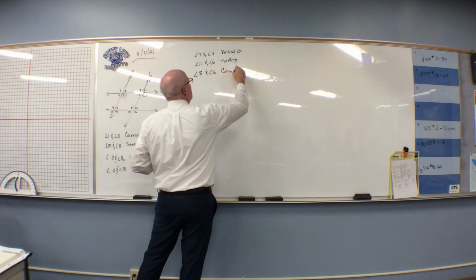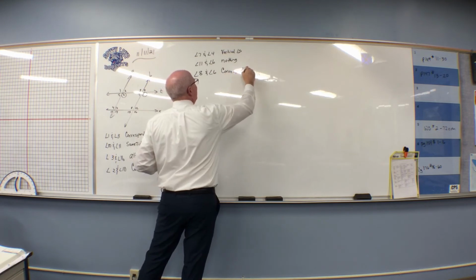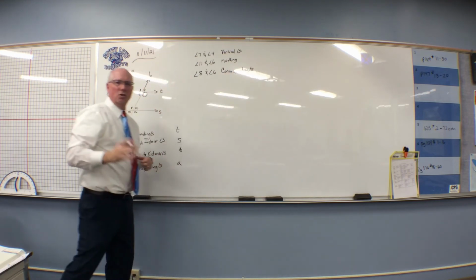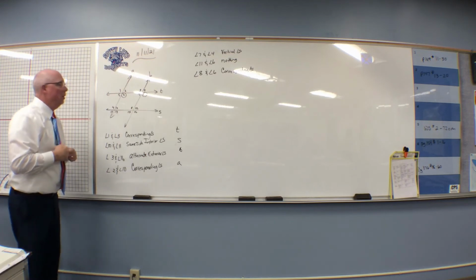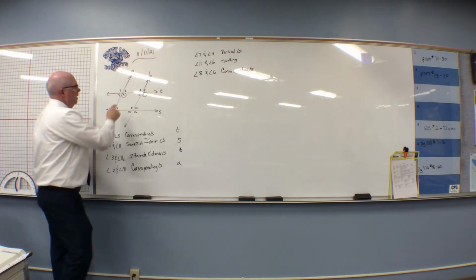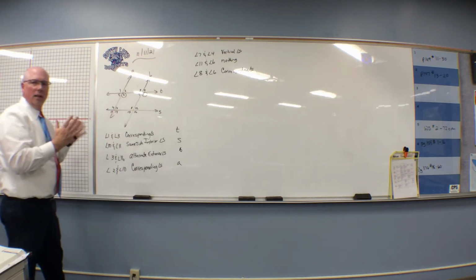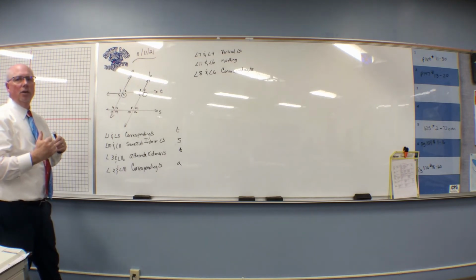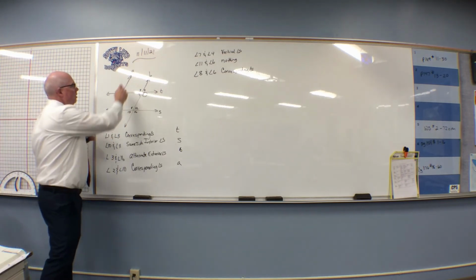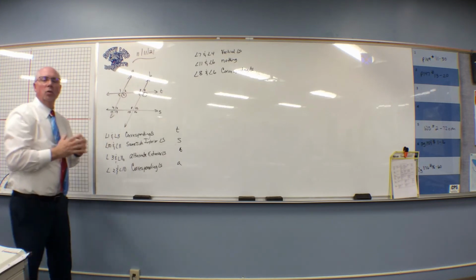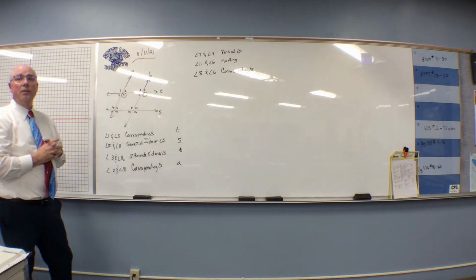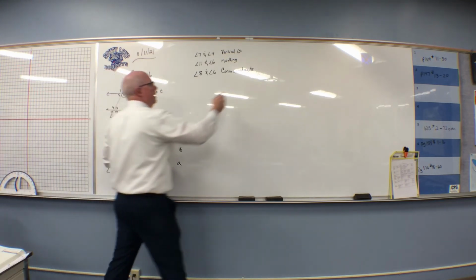I always use corresponding because I think that's the hardest one that kids struggle with. Corresponding means that they're on the same side of the lines and the same side of the transversal. These are my two lines that it crosses, so which one would be the transversal? T. That is the one that connects the two.